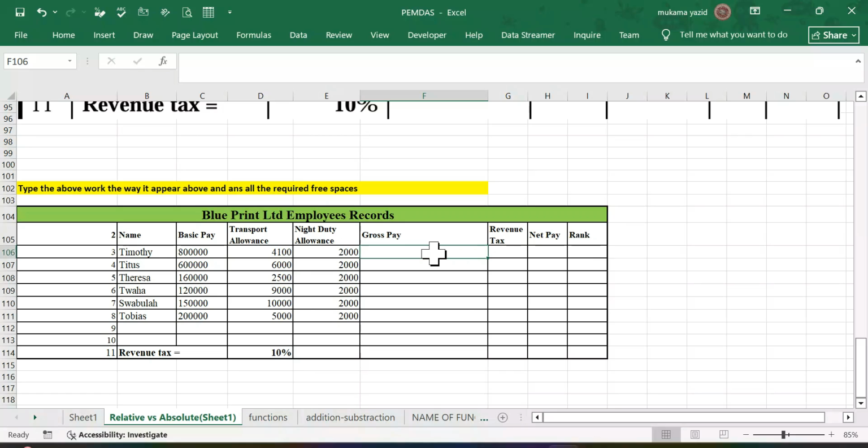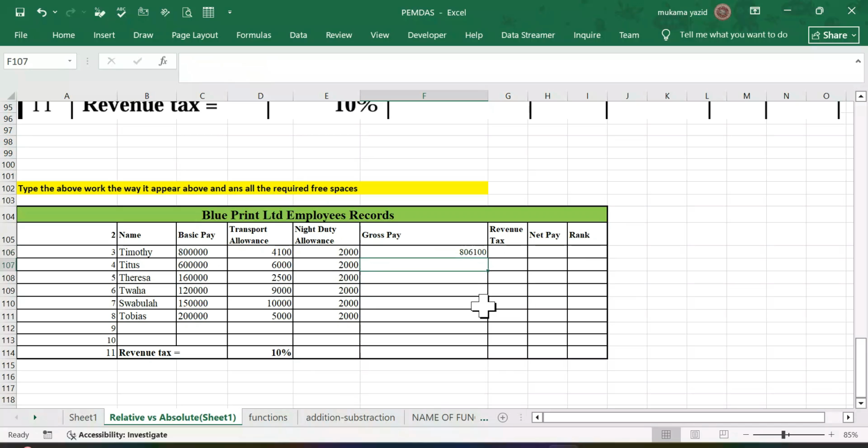So in order to get gross pay, gross pay equals the sum of the basic plus the allowances. To get your total salary, you add your allowances and the basic. So we use a formula to add this plus this plus this plus this, and we come up with the answer.